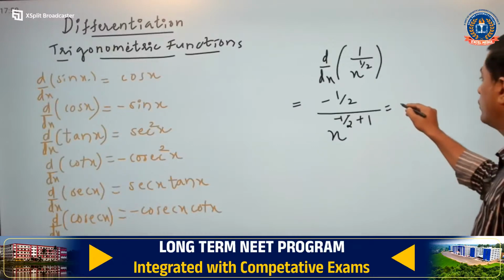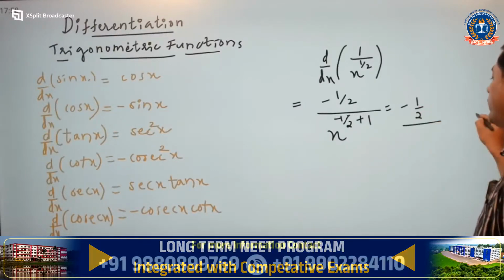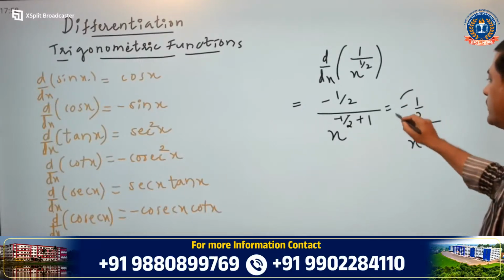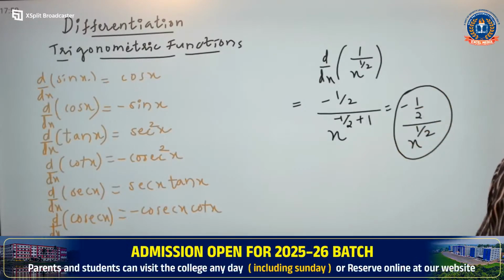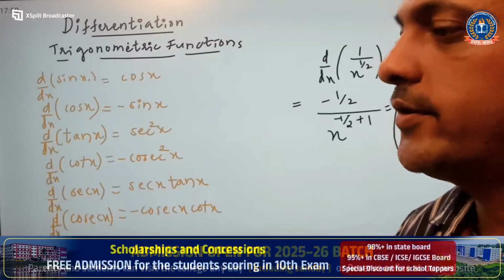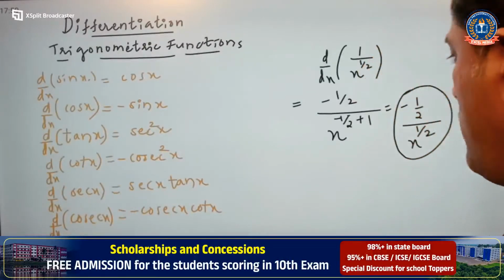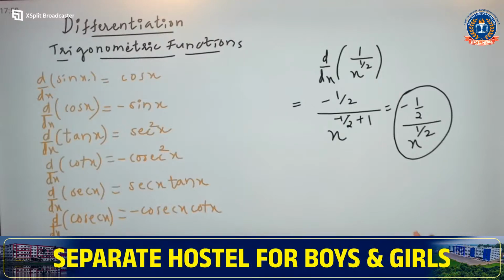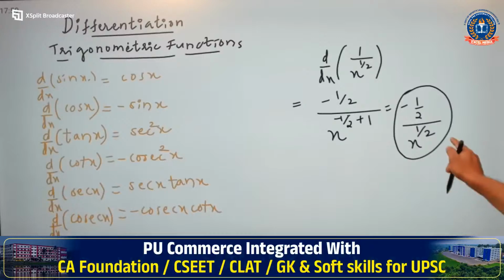So it is minus 1 by 2 divided by x raised to 1 by 2. This is the answer I have written. Don't comment that it is wrong, just check it out. It's the same answer I have written. There may be a small weaving problem, but the same answer I have written.